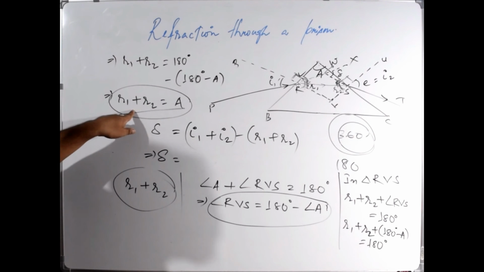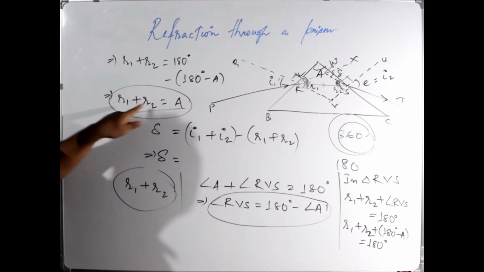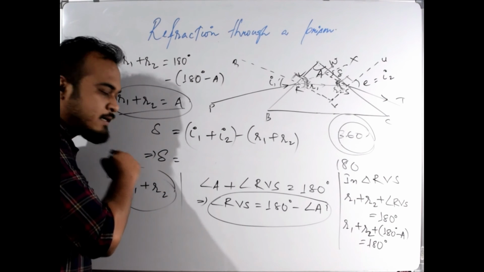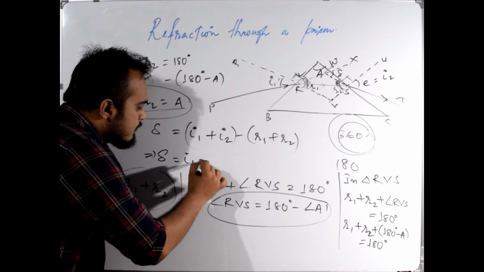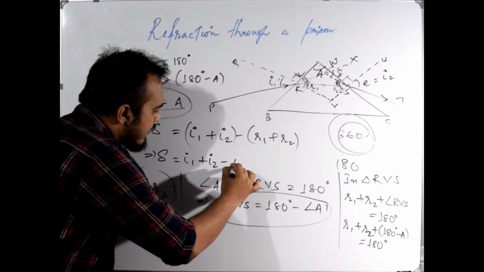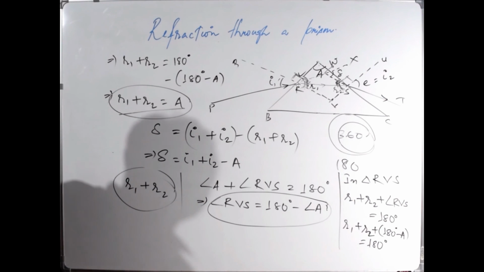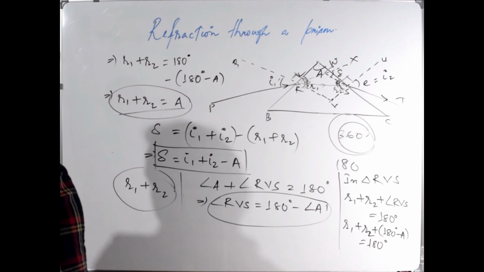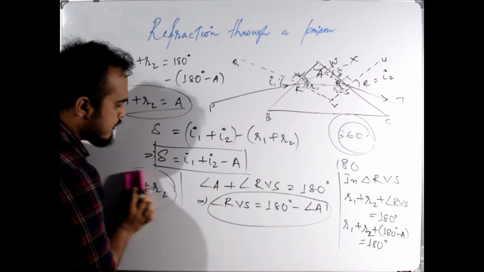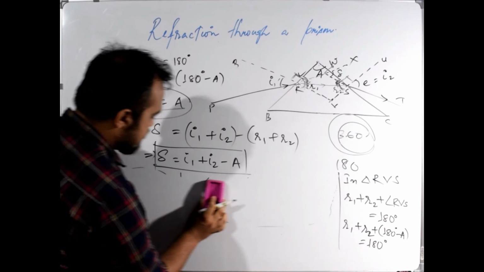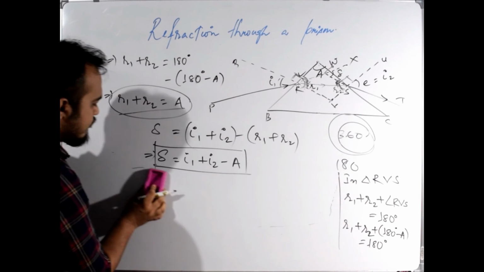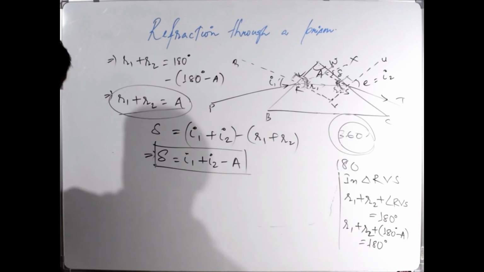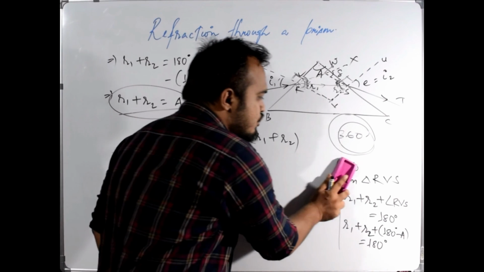If we put the value of R1 and R2 in this equation, then what do we get for delta? Delta will be equal to I1 plus I2 minus A. So this is the equation for delta. Okay, I am rubbing this portion also.